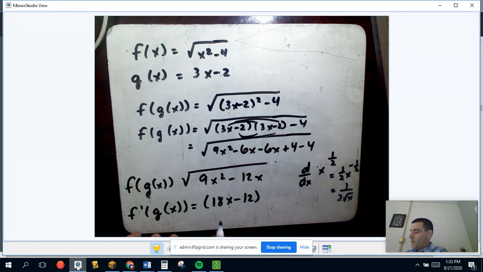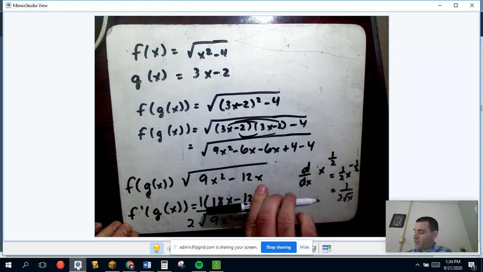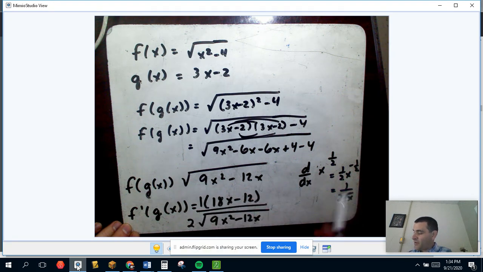So I'm going to put 9x squared minus 12x. Remember, we've already dealt with the inside. So if you don't look at the 18x minus 12, we have exactly this, except 9x squared minus 12x is in there. There's your 1 over 2 times the square root, and then the chain rule part.